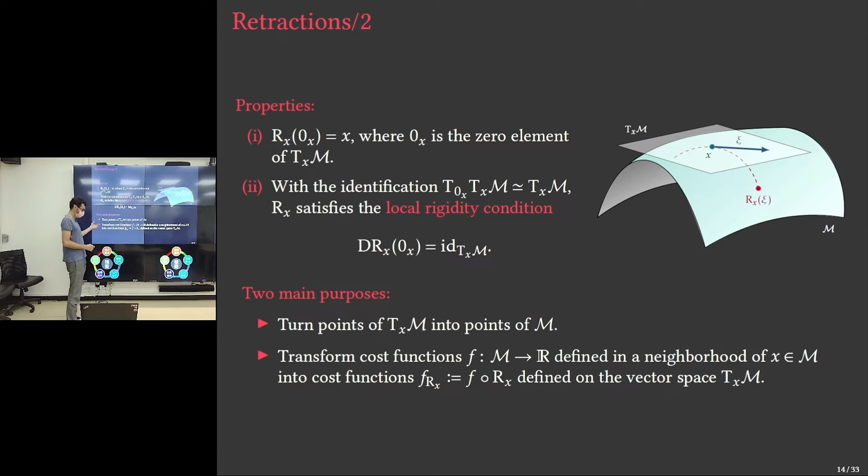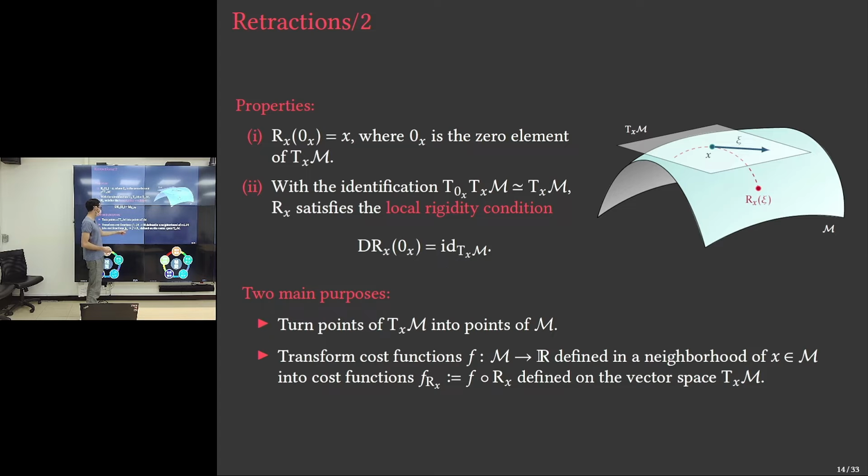And the other thing, really in the optimization algorithm, we want to transform cost functions that are defined on the manifold in a neighborhood of X, so locally, into cost functions that are defined on the tangent space. It will also be in a neighborhood, maybe not on the whole tangent space.